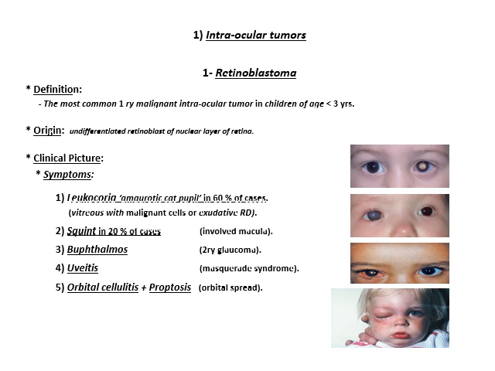Symptom 3: buphthalmos, meaning increase of intraocular pressure, i.e. glaucoma in children. It is secondary glaucoma. Symptom 4: uveitis due to masquerade syndrome. Symptom 5: orbital cellulitis and proptosis due to orbital spread by the tumor.